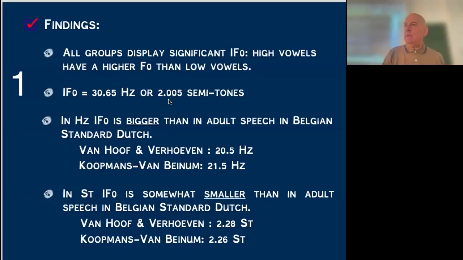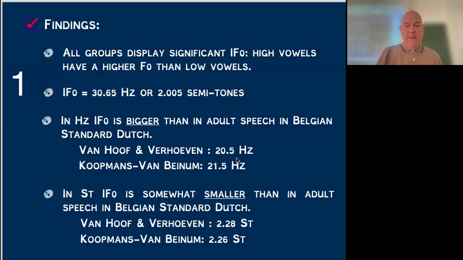And if you compare that to other values in Dutch and in adults, you notice that those values are, in terms of hertz, in fact, a bit bigger than in adults. So 30.65 versus 20.5 hertz, 21.5 hertz in adults, both in Belgium and the Netherlands.